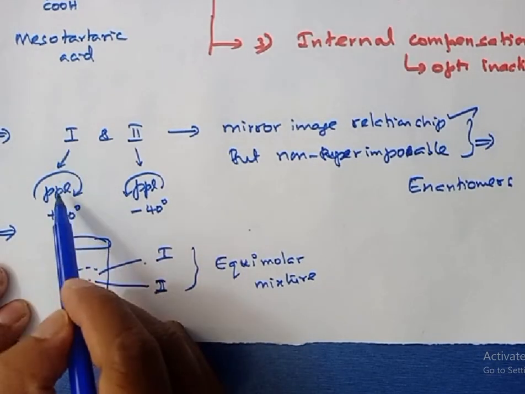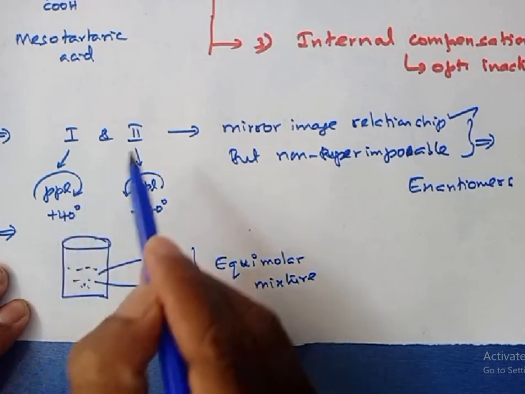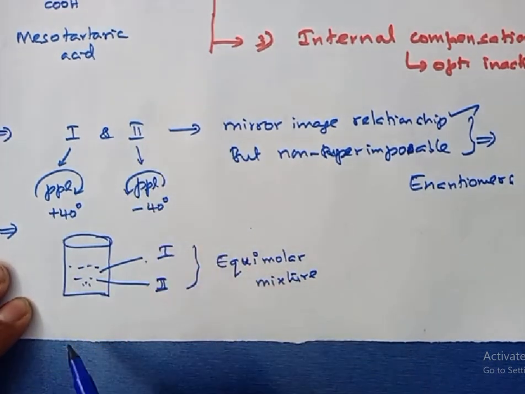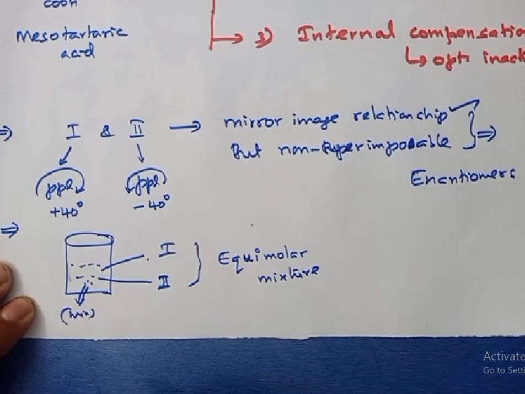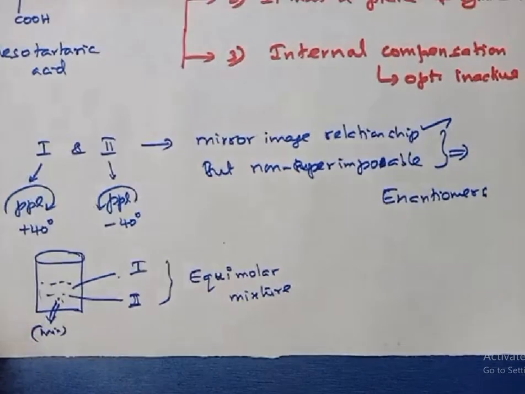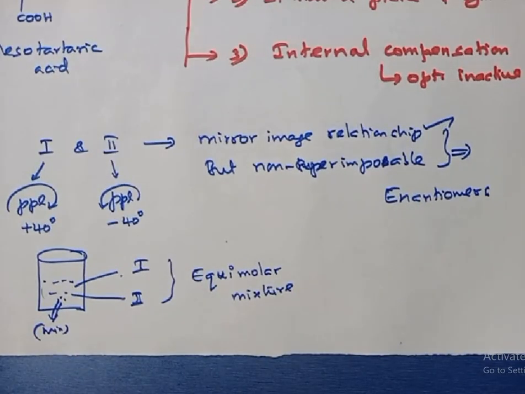See, isomer 1 rotates light clockwise, isomer 2 rotates light anti-clockwise. Now I'm having a mixture of 1 and 2 in equal amount, an equimolar mixture. Does this mixture rotate plane polarized light or not? No, sir. Why?